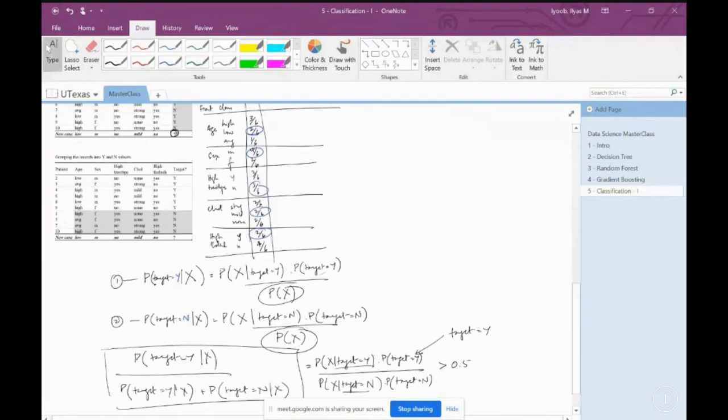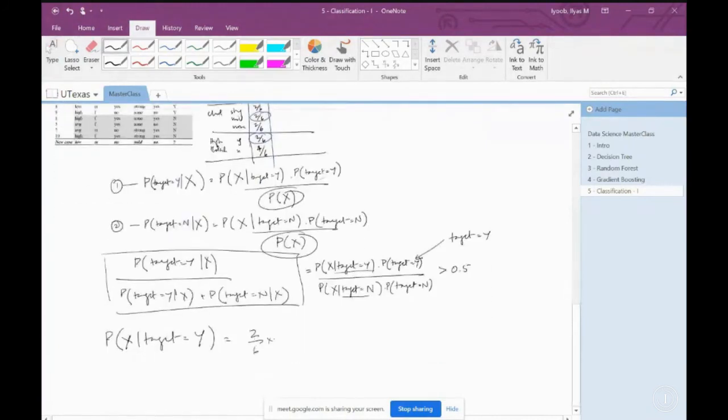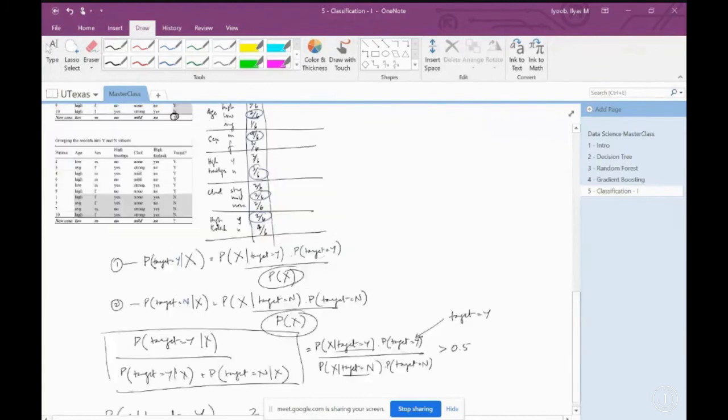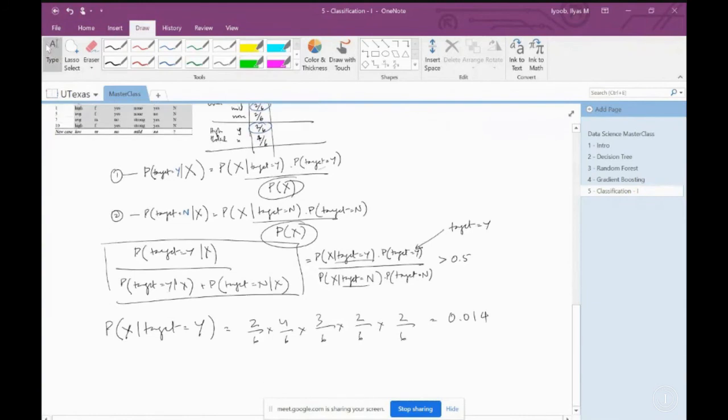So that is 2/6 times 4/6 times 3/6 times 2/6 times 2/6, and that comes out to 0.014, or 0.015, put it that way.